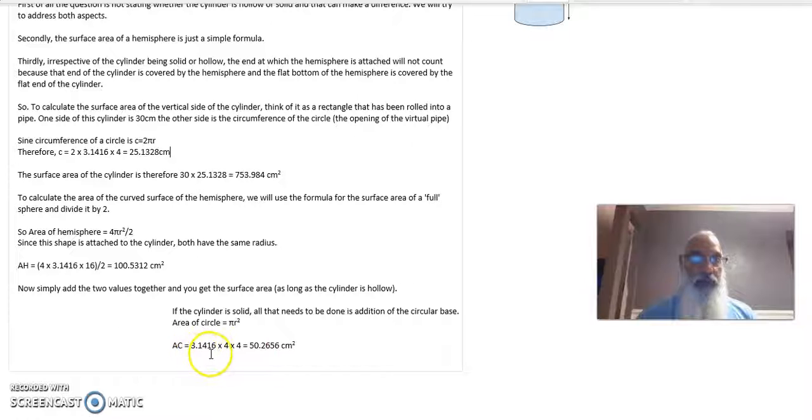Same 3.1416 for pi, 4 for r, and another 4 for r because we have r square, and that gives you the area of the bottom of the cylinder. So if you add all three together, you have the surface area of that shape as a solid. But if you add just the top two, you get the area of the shape provided the cylinder is hollow.